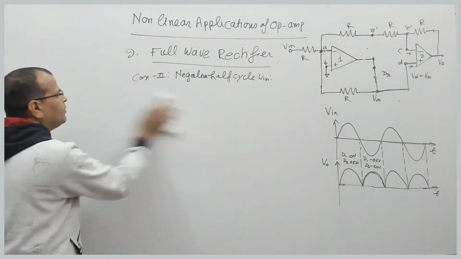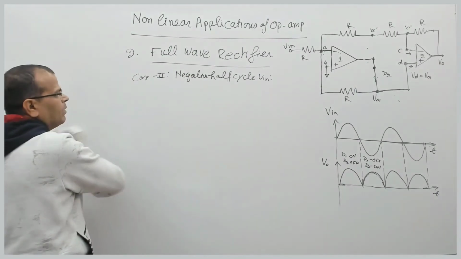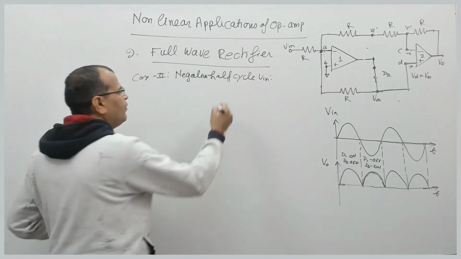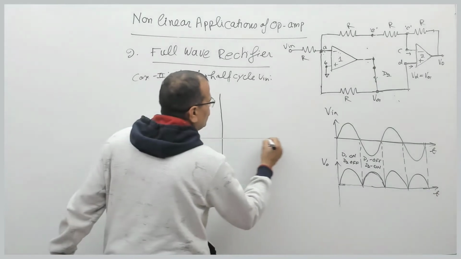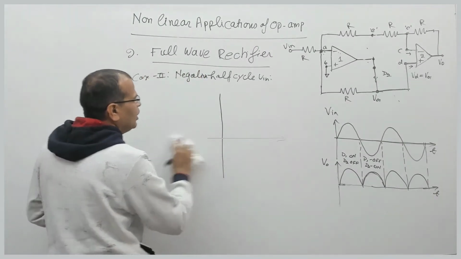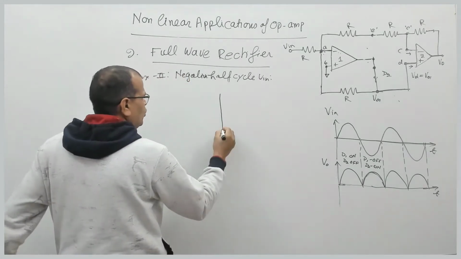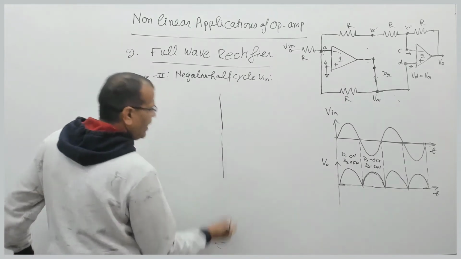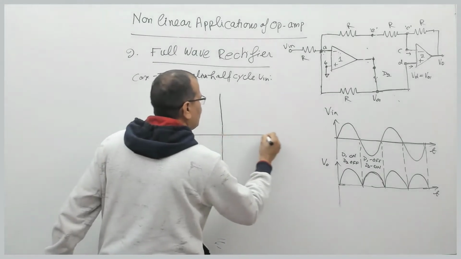What is the transfer characteristic? The transfer characteristic of the rectifier is nothing but the variation of output voltage with respect to variation in input voltage. So we will be seeing the variation in output voltage of the full wave rectifier as a function of input voltage.